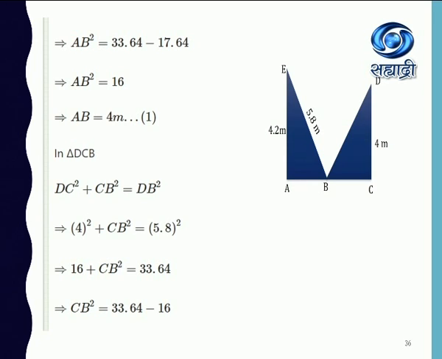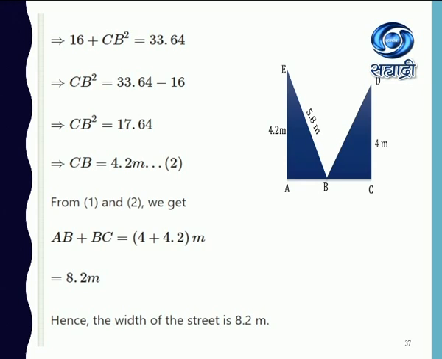Taking the numbers together on the left hand side, we get CB square is equal to 33.64 minus 16, which gives us CB square is equal to 17.64. Now 17.64 is the perfect square of 4.2. So we got the value of CB as 4.2.